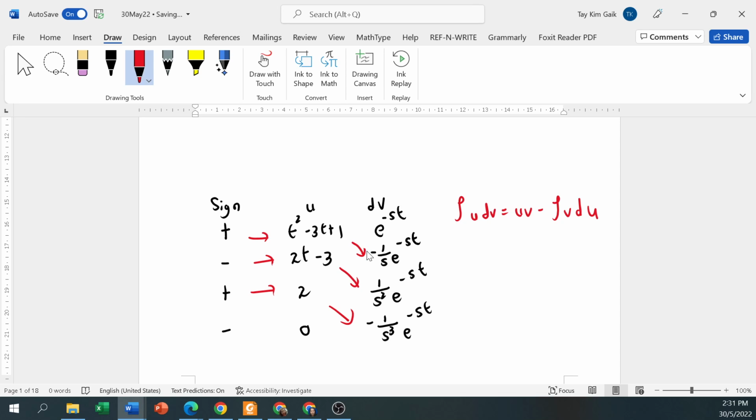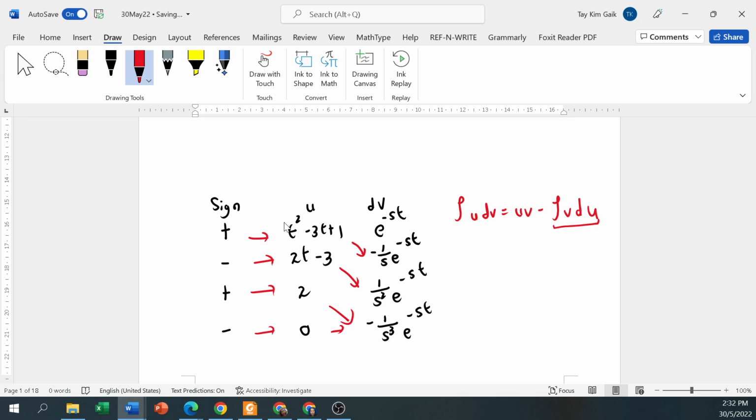That's why this is uv, several times of integration by parts. And this part is actually the horizontal row. Here you integrate v times du, so integrate 0. That's why this part is 0.